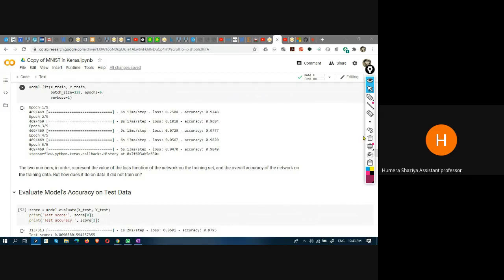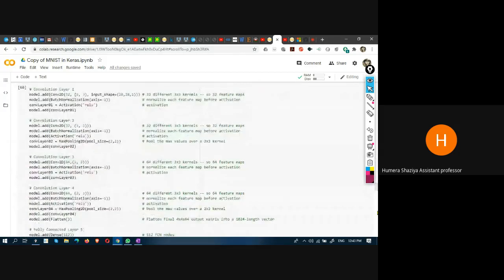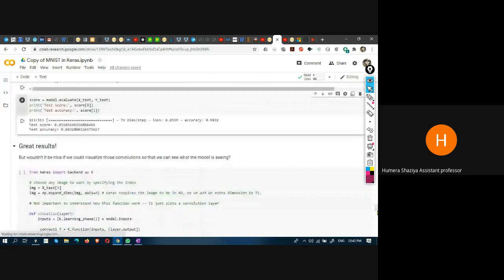Finally, in the fifth epoch, the accuracy was 98%. Do you understand? Look at here, 6, 8, 9, 6, 6. Only 6 to 8 seconds it took for every epoch. But here in the convolutional neural network, the amount of time it is taking is much, much more.